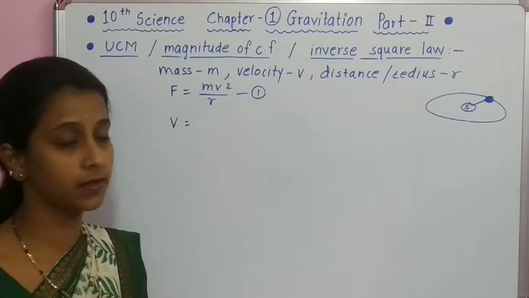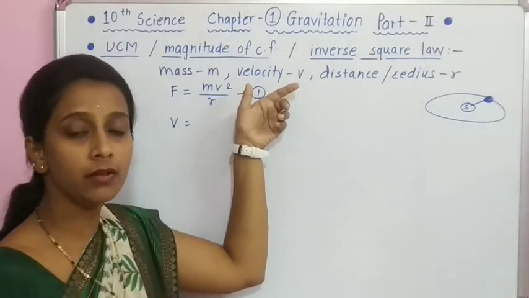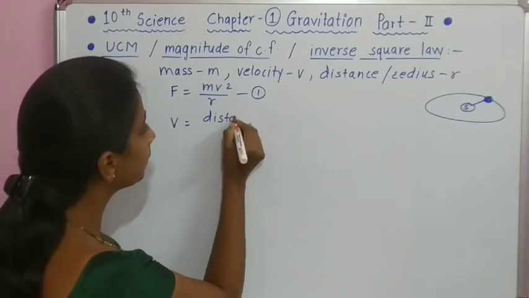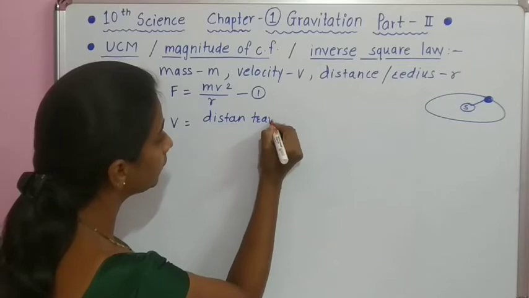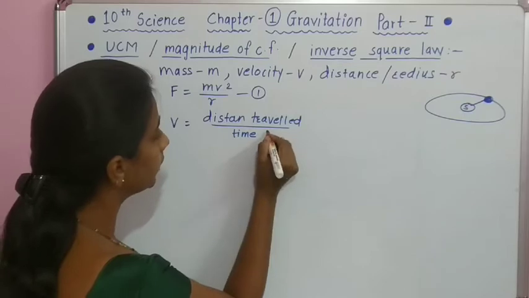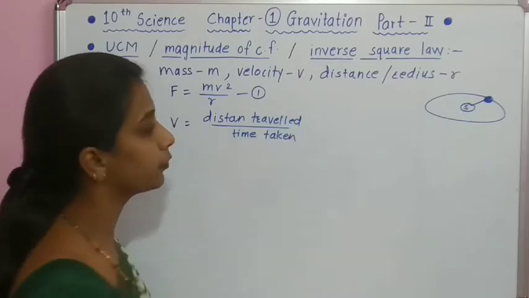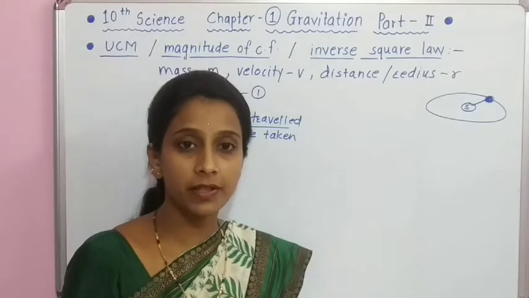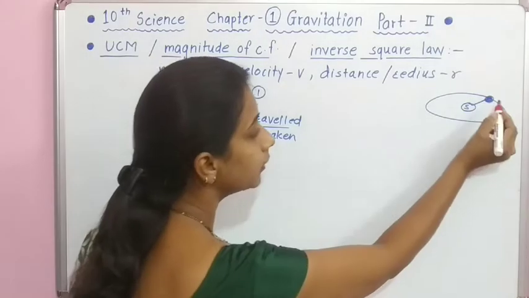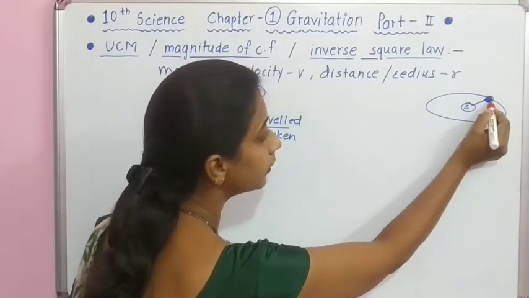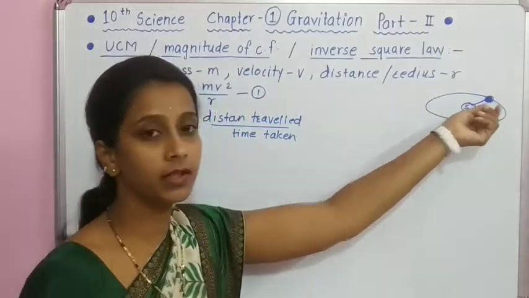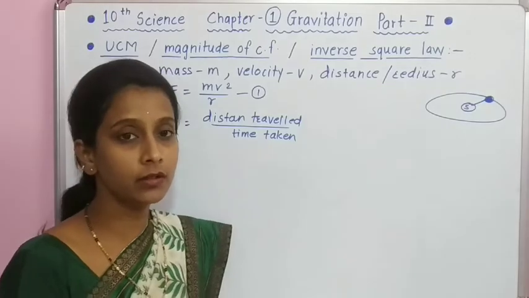So v, that is the velocity or speed of the planet, becomes v equals distance traveled by the planet upon time taken. We know that every planet takes a specific time period to complete one revolution. Suppose in a specific time period that planet starts moving from here and comes back to the same point again. So it completes one revolution.